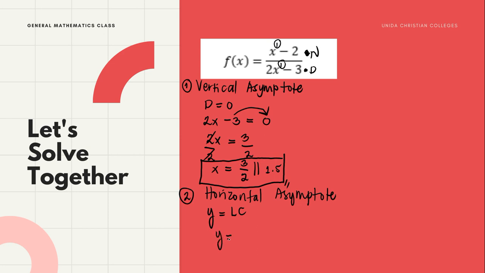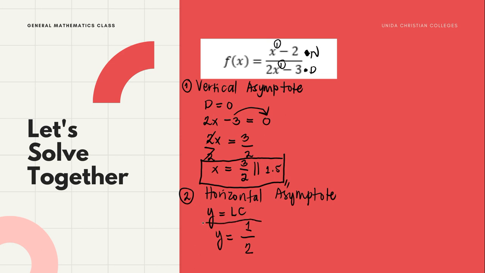So, kunin po natin ang leading coefficient nung degree mo na may highest degree and then variable. So, ano po ang leading coefficient ng ating numerator? We have x raised to 1 and then ang coefficient po nito is 1 over. We have sa denominator naman, highest degree is also 1 and then variable x, ang kasama niyang leading coefficient ay 2.